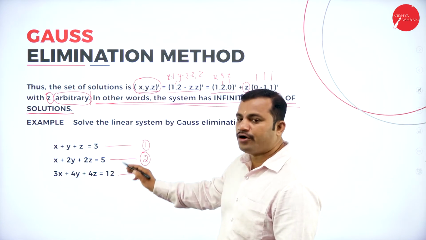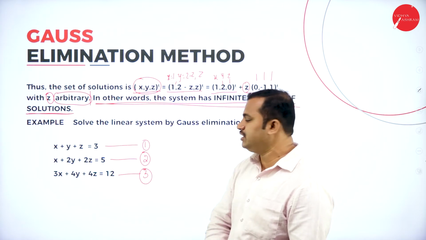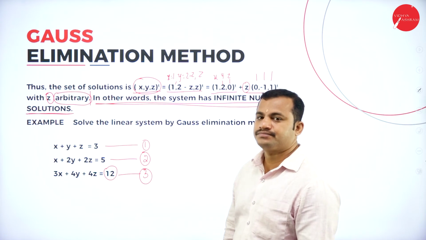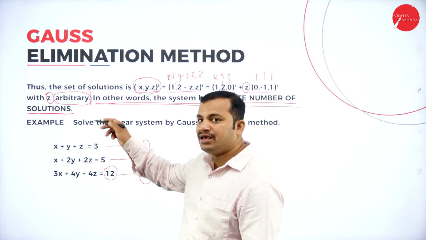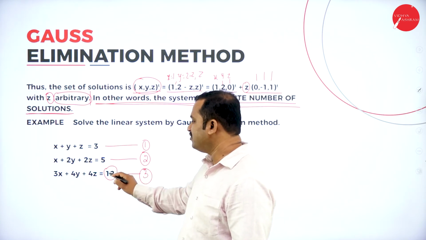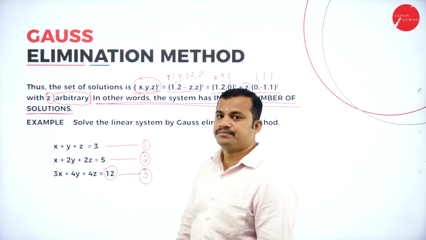The same set of equations are given here, but the only difference you are observing is that in place of 11 we have 12 here. Earlier we obtained 11 minus 9, that is 2, but we have 12 here. 12 minus 9, we will get 3 here.